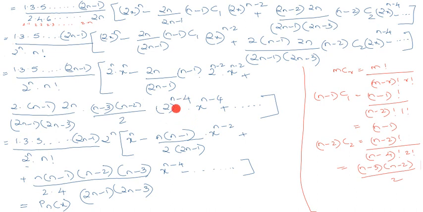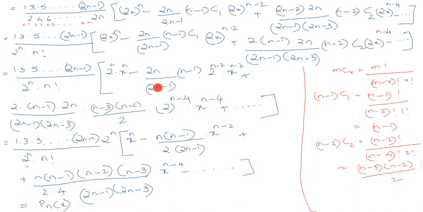So from the numerator we are taking this 2 raised to n outside, and in the denominator you will be having a 4, that is written here. So this term will become after taking 2 raised to n outside, n into n minus 1 into n minus 2 into n minus 3 divided by 2 into 4 into 2n minus 1 into 2n minus 3 into x raised to n minus 4.